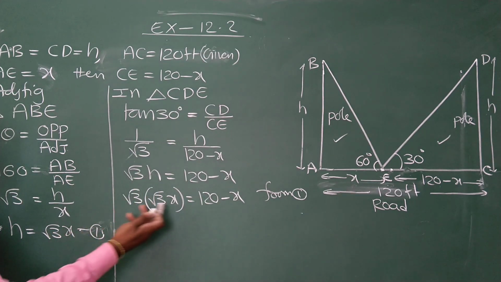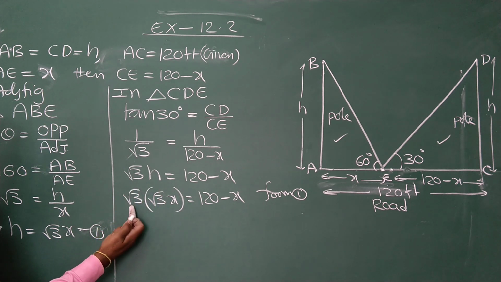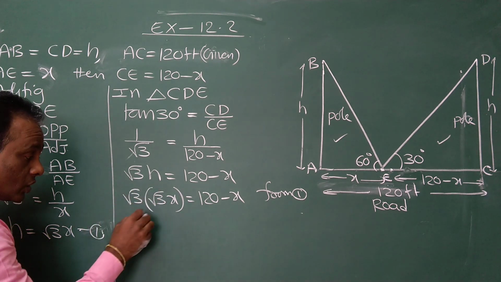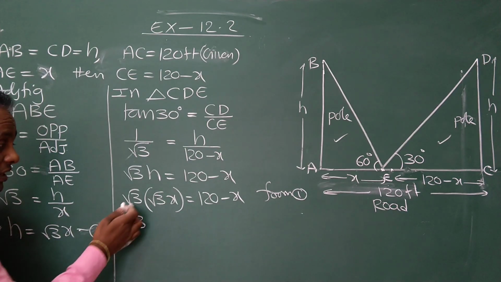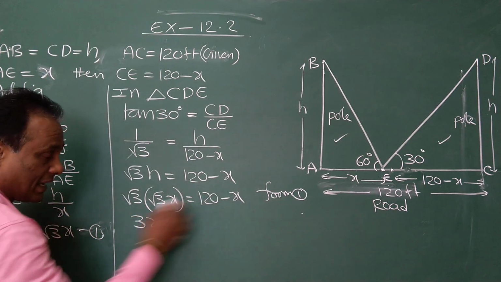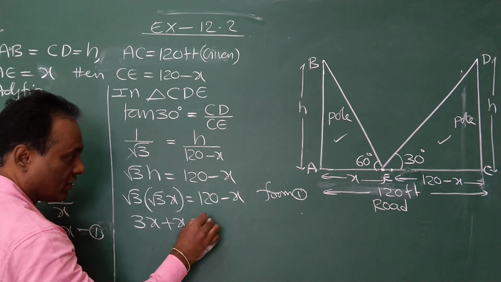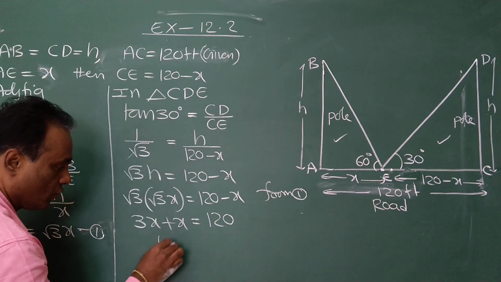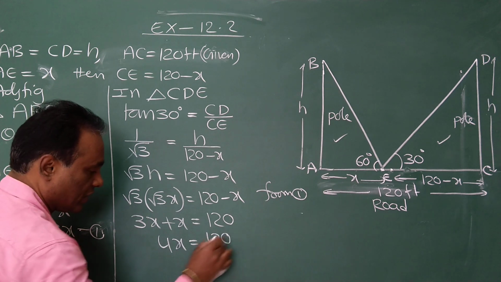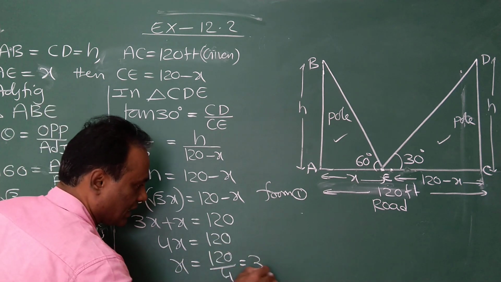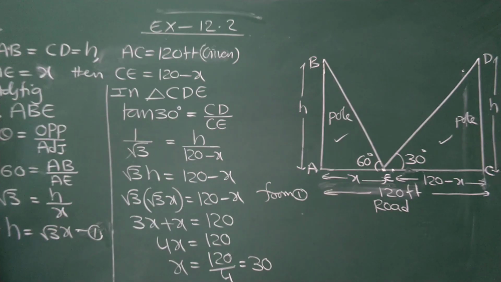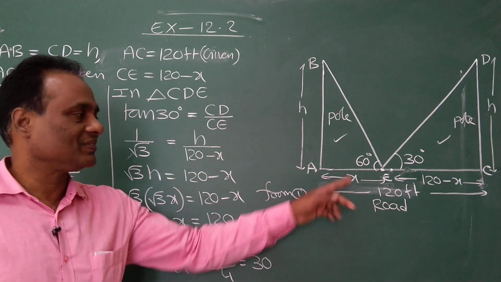Root 3 into root 3 is root 9, which is 3. So 3X minus X, this side plus X, is equal to 120. 4X is equal to 120. X is equal to 120 by 4, which is 30. We got X value.